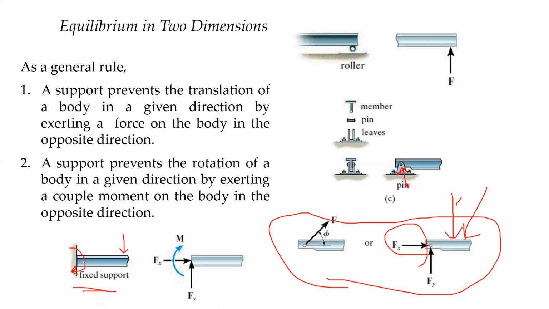Therefore, this support at the end of my rigid structure will exert a force opposite to my arrow going down, so that is why I have F sub y going up, and a moment, this moment here. Although this is just a representation, the moment must be going down to counteract this initial moment that we have here.